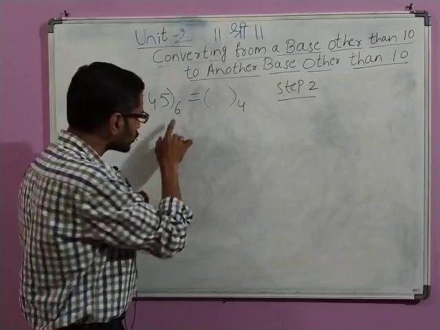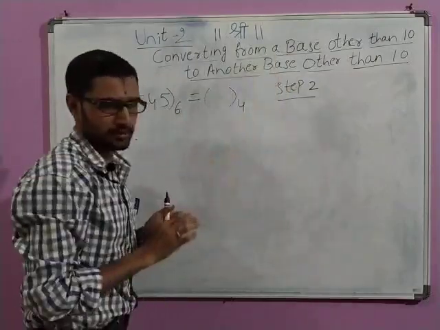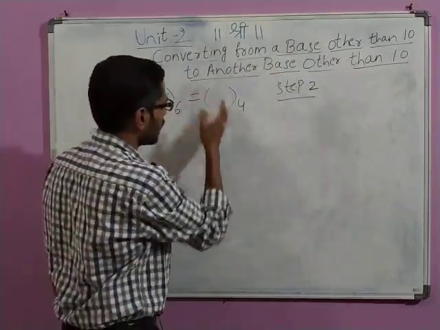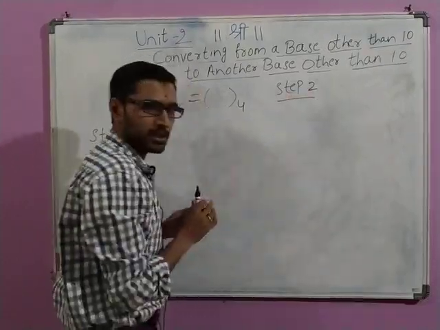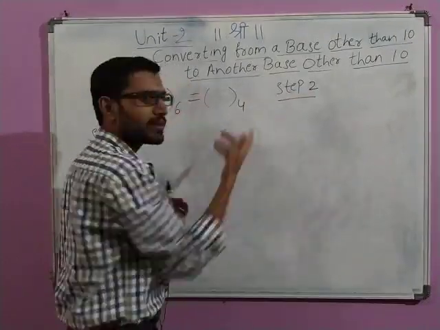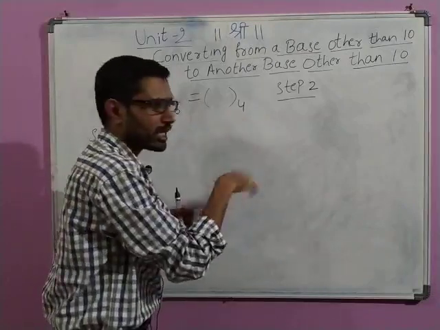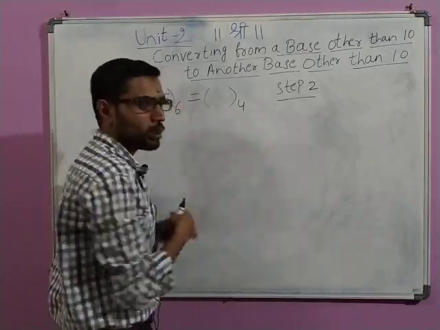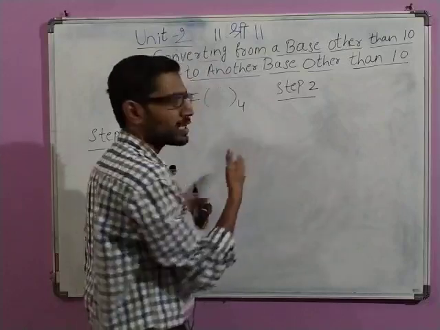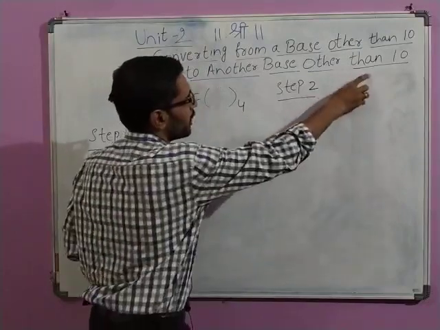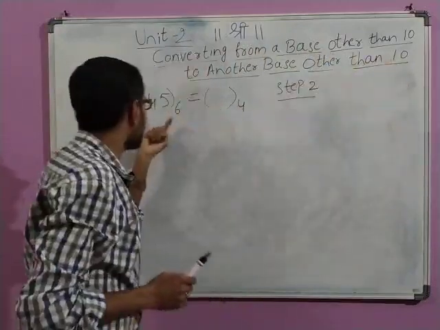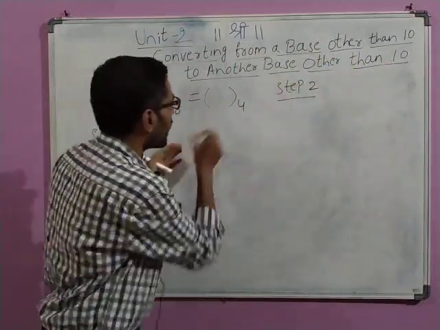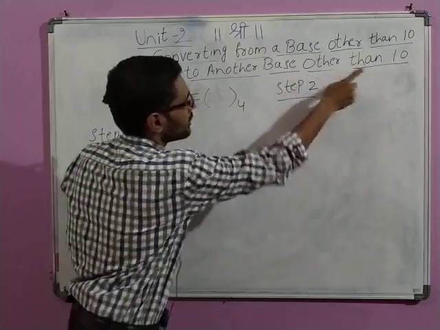It can be anything, but it should not be base 10. And whatever you want to convert it to should also not have base 10. Apart from base 10, it can be base 5, base 8, octal, hexadecimal or binary and so on. So this is the meaning of converting from a base other than 10 to another base other than 10.